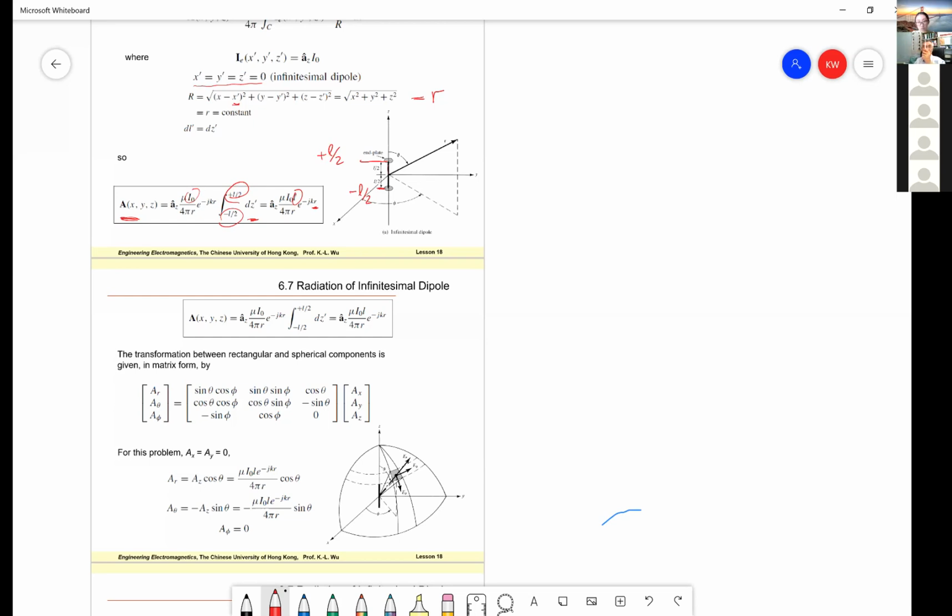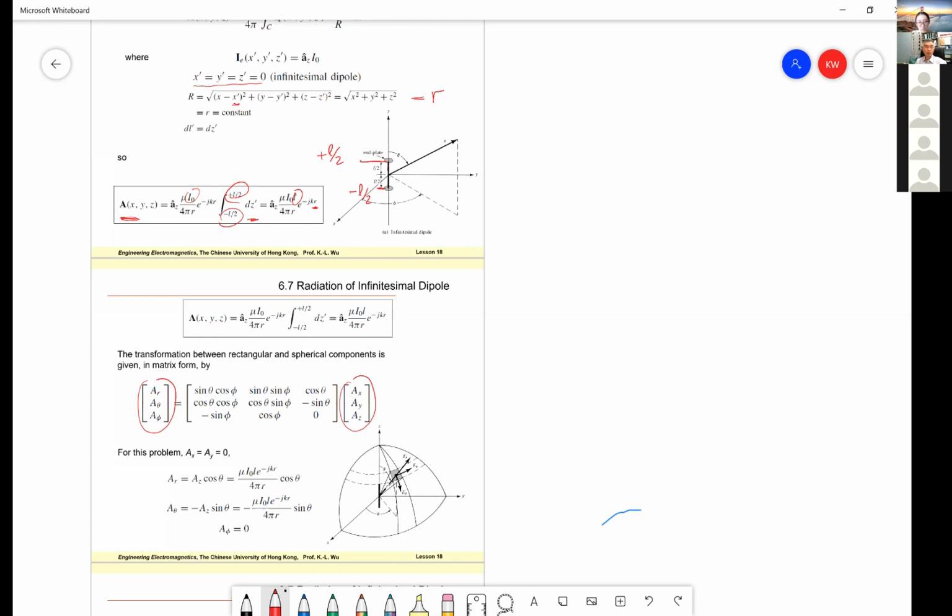So the best way to describe it is using the spherical coordinate system, okay? To analyze the field in the spherical coordinate system, we translate the components in the X, Y, Z coordinate system into the spherical coordinate system.